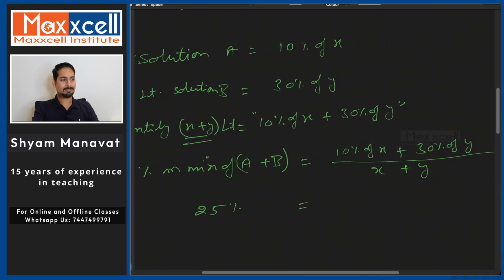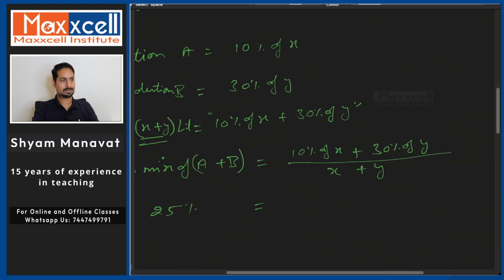Now, if you simplify, you can take the percentage sign common, obviously. So you have 10x, because of means multiply. We have studied this in the percentage chapter, BODMAS rule. So 10x plus 30y by x plus y.